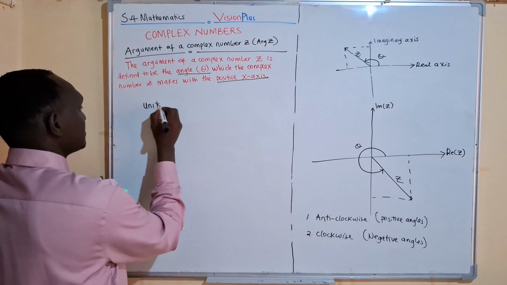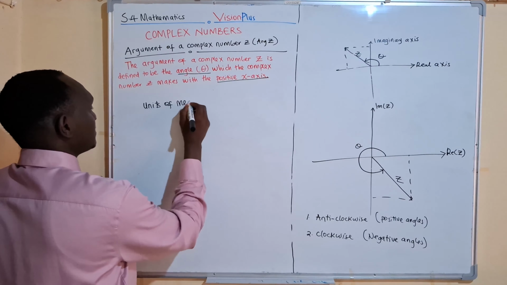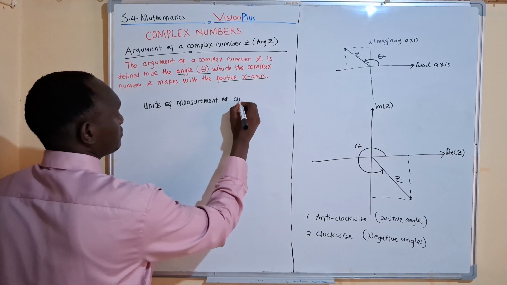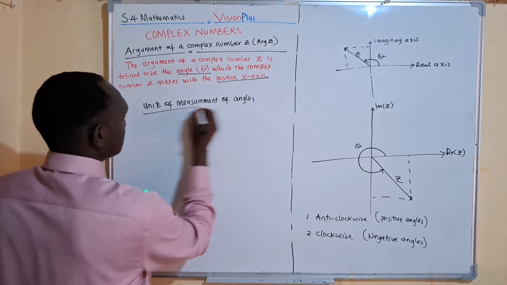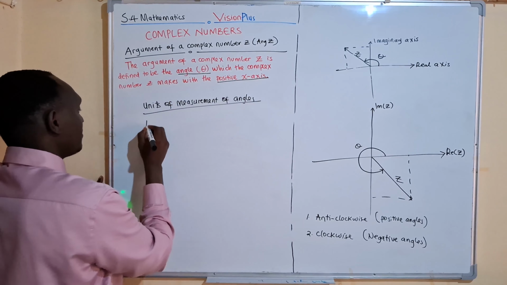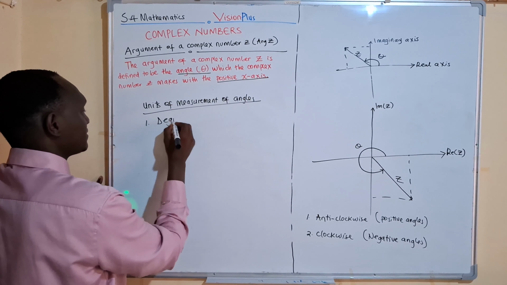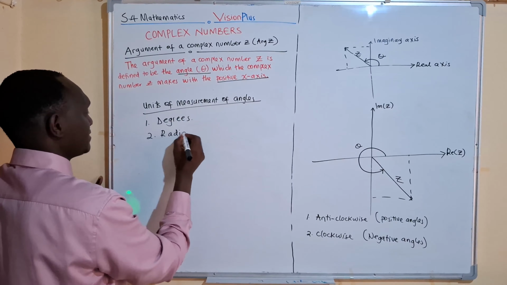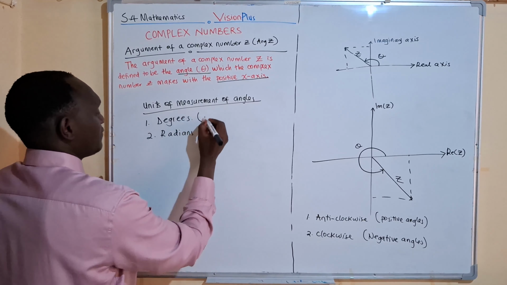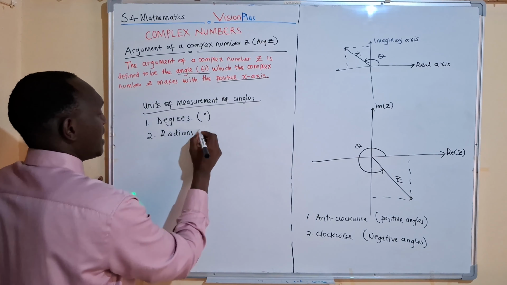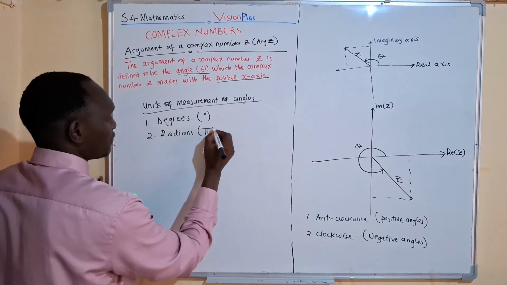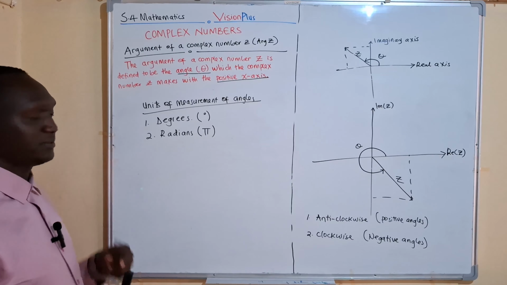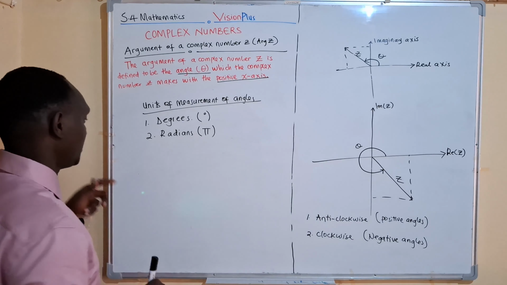Units of measurement of angles: one, you can measure angles in degrees. Two, you can measure angles in radians. The one for degrees is where you see the degree sign, and the one for radians will be saying pi. Now, what is the relationship between the two units of measurement?